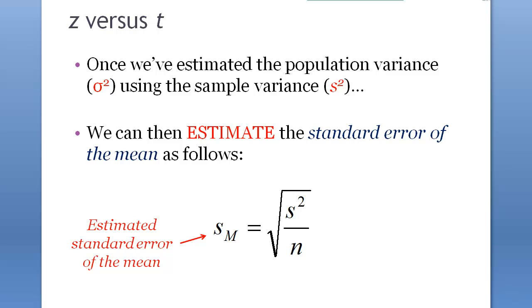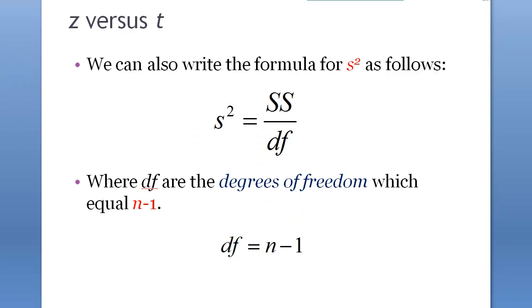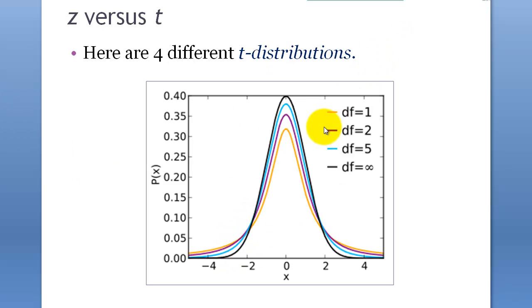Okay. How do you get that? s sub m is basically the sample variance divided by n, and you take the square root of that. And how do you get s squared? S squared is basically the sum of squares divided by n minus 1. That's what it is. And this is what I was talking about.